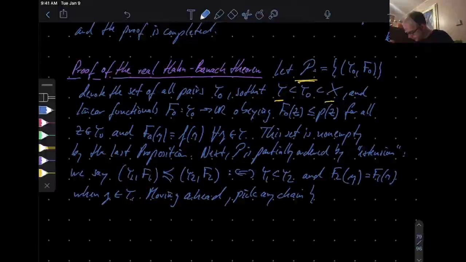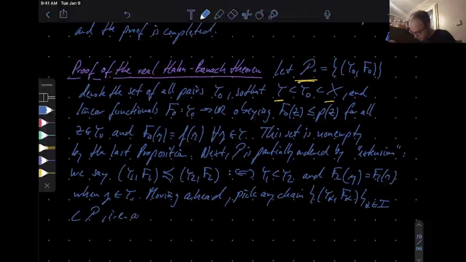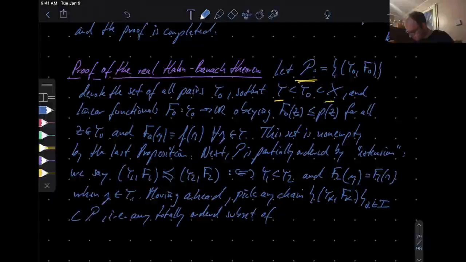Well, let's give it some index: (Y alpha, F alpha). The alpha index set can be uncountable. It is any totally ordered subset of P. Now I have to construct an upper bound.